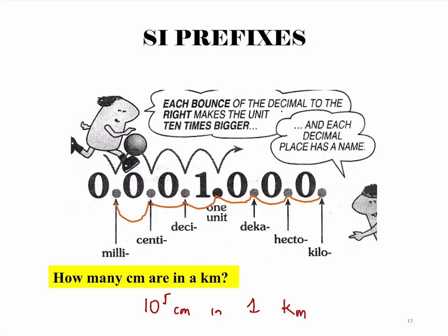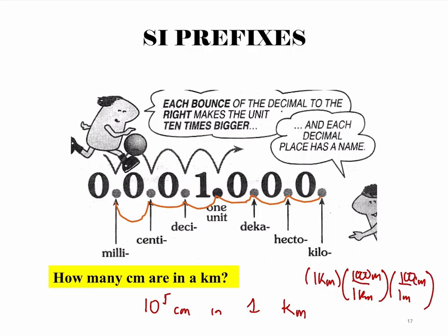So what that math will eventually look like is, if we have 1 kilometer, we know that per 1 kilometer we'll have 1,000 meters, and per 1 meter we have 100 centimeters.